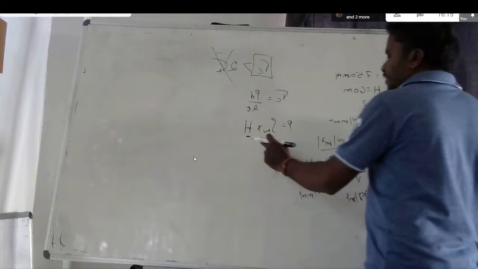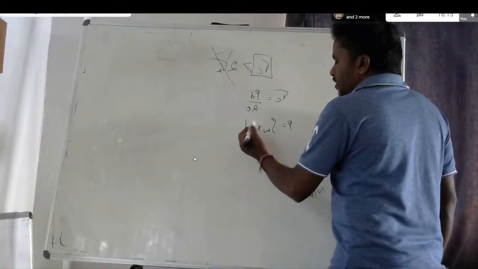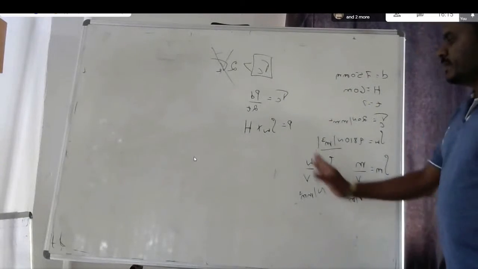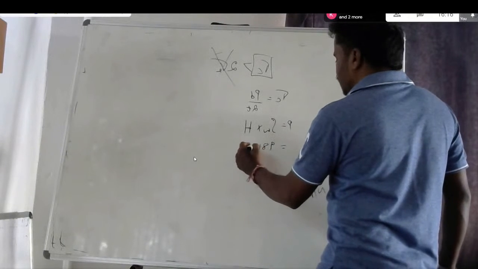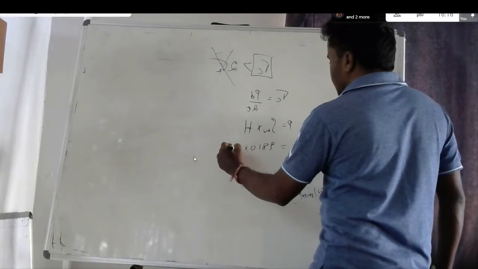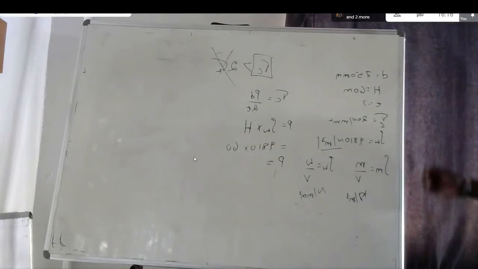For time's sake, let's remember pressure is rho W into H. So 9810 into H value of 60. How much P value will there be?